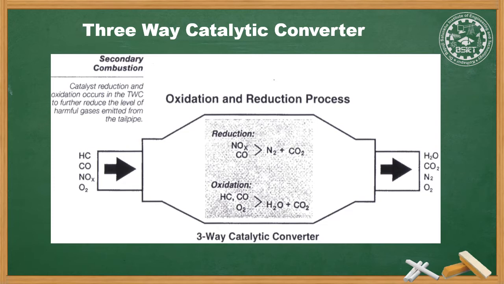After the first stage, air from the air pump is supplied with the exhaust gas. The oxygen from the air mixes with the hydrocarbon and carbon monoxide present in the exhaust gas. Thus, water and CO2 are formed. In the conversion of hydrocarbon and carbon monoxide, carbon dioxide is produced.